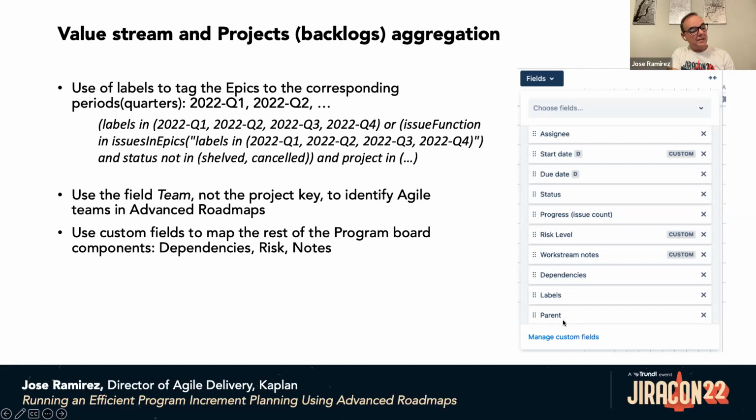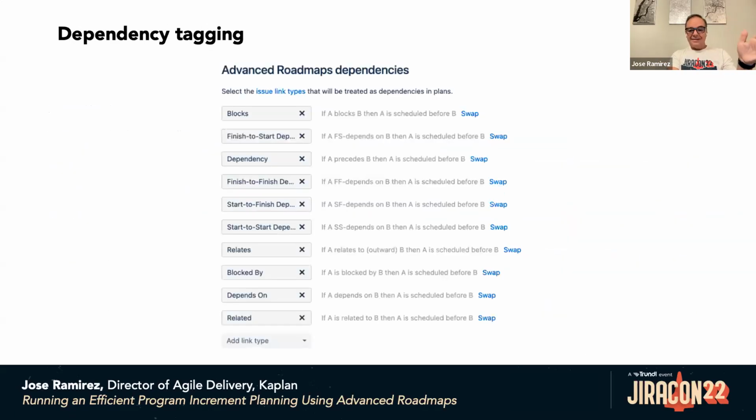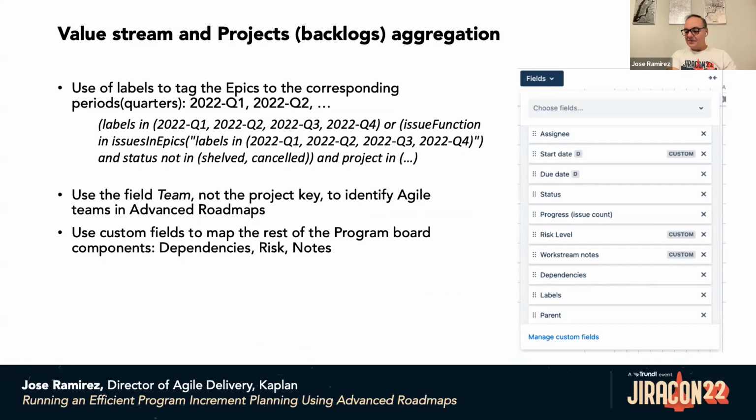The parent is a standard field that shows, for example, for an epic, what is the initiative that epic is connected to. It's really important to see, or the goal. So which goal is the parent goal for a given initiative or a given epic. So again, hierarchy, dependencies, and custom fields.